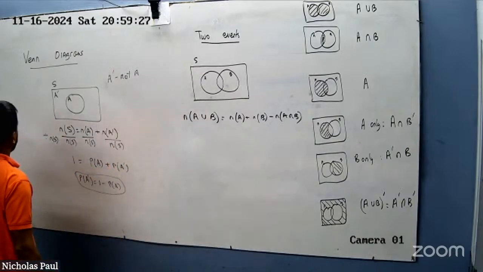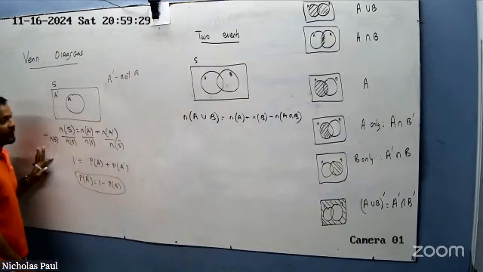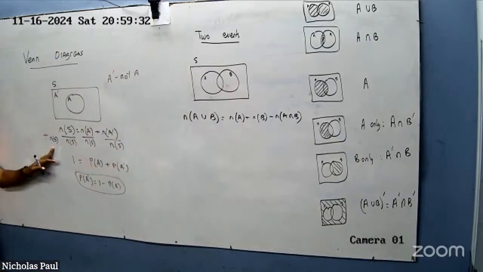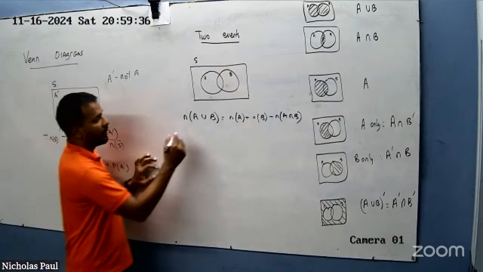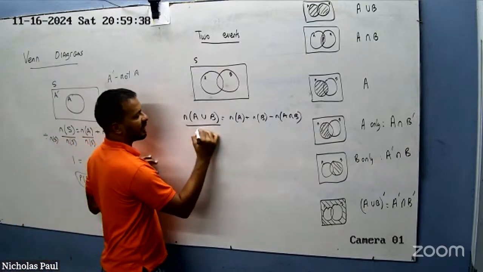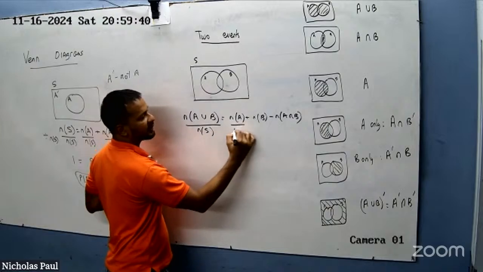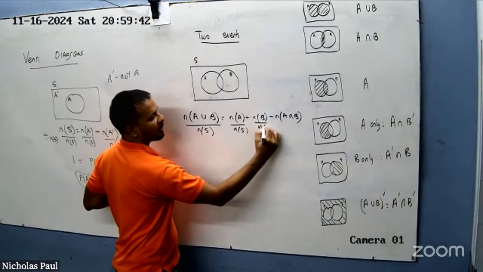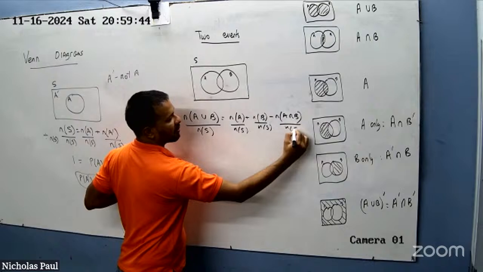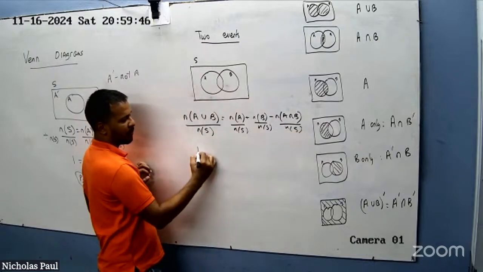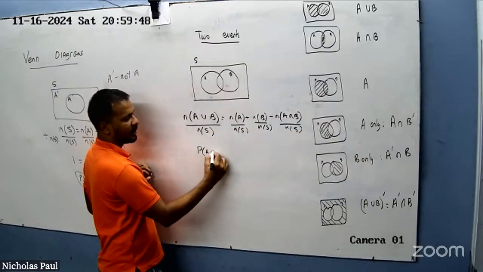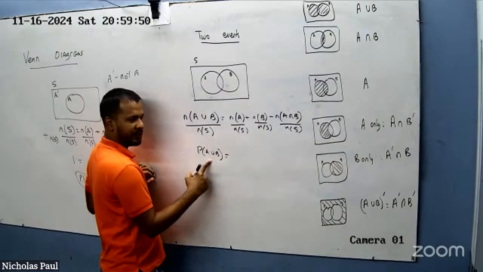Yeah. So I'm going to do the same thing again, the same thing I did here. I'm going to divide everything by the number in the sample space. Here, I'll get the probability of A union B. So this is the formula I'm looking for.